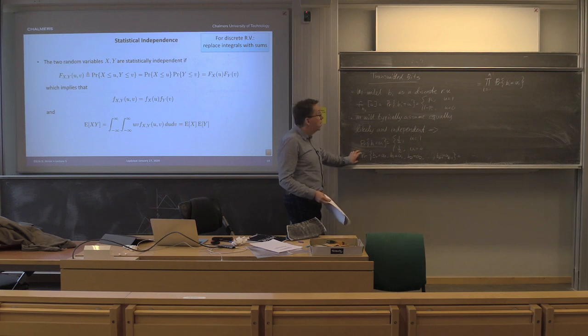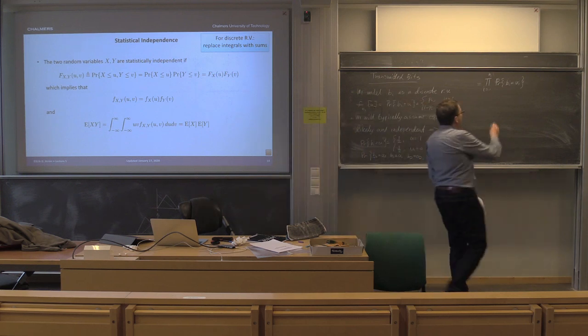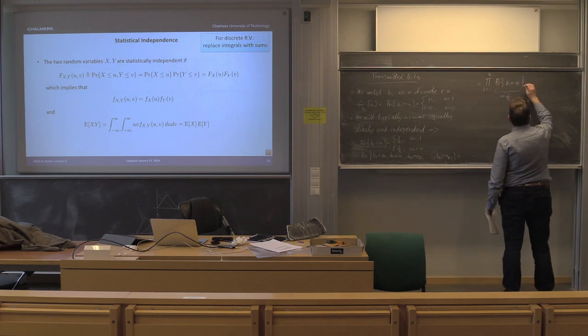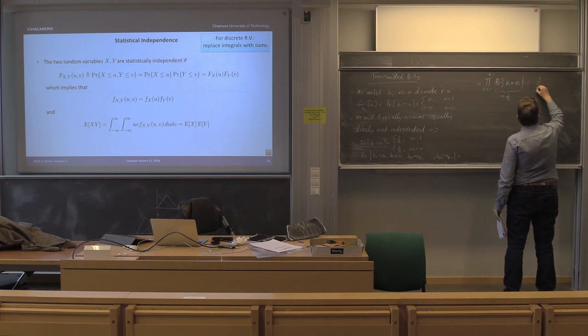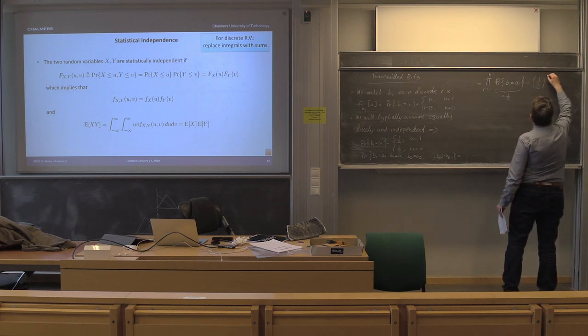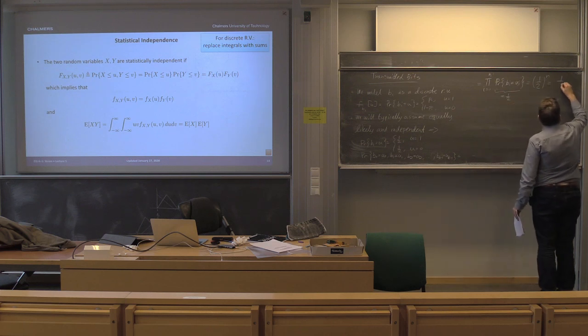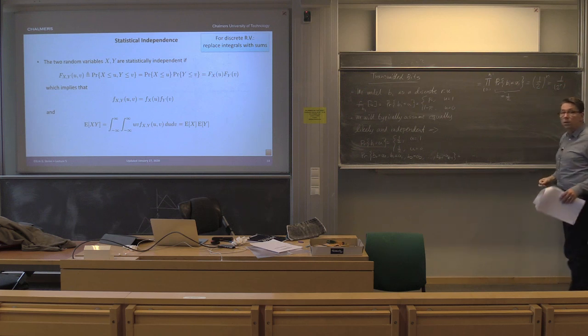If both things happen at the same time, all of these probabilities are equal to 1/2, regardless of what u is. And then we have 1/2 raised to the power of n, or 1 divided by 2 to the power of n.